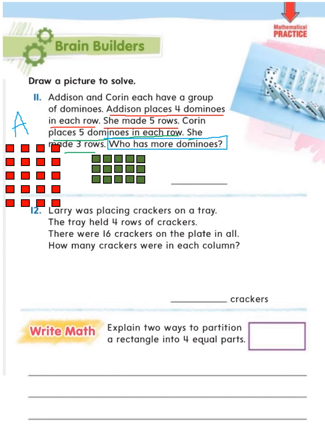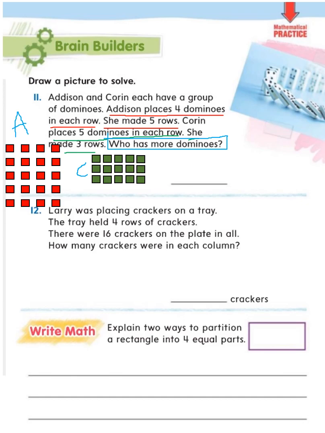And the one on the right is Corinne. So you can count them and find out who has more dominoes. And in the next video, or maybe the one after, I'm going to teach you a much faster way than counting them, called multiplication. We're going to talk about that.